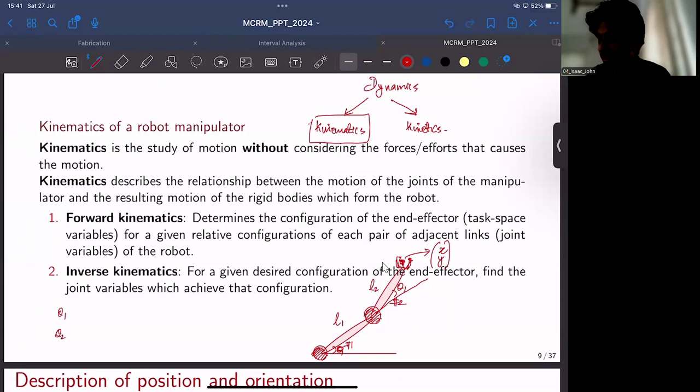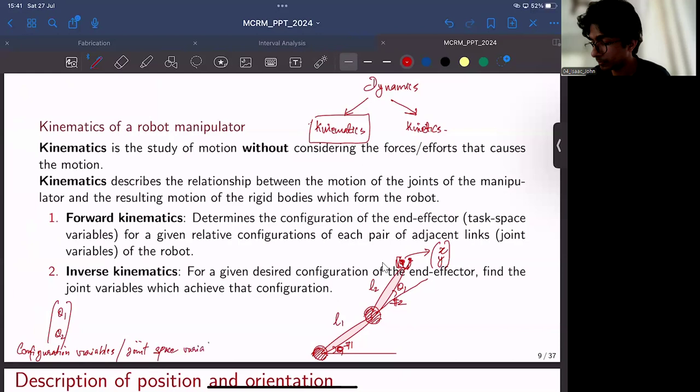We would call this vector of these variables configuration variables, or another name to call them is joint space variables. Right?